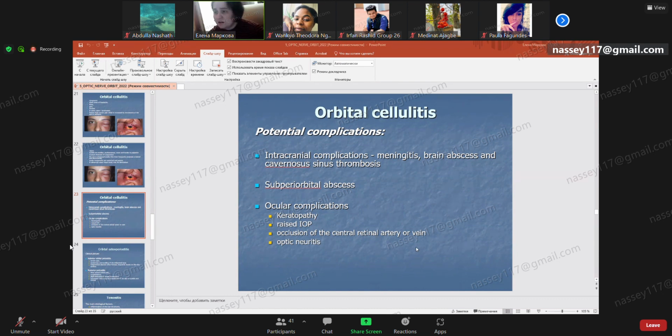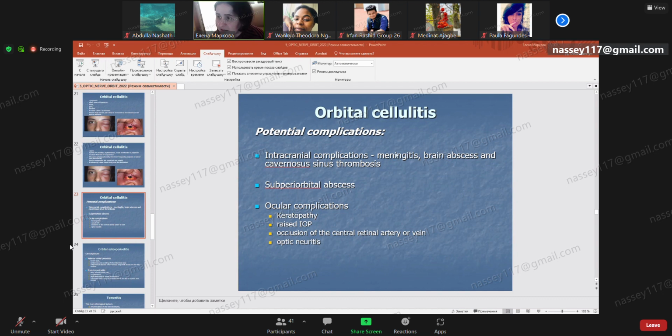Sometimes, if we have complications of abscesses, we should use surgical treatment. But what is the main step in surgical treatment?